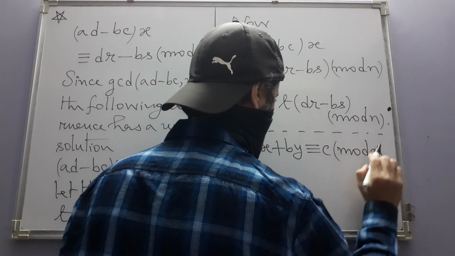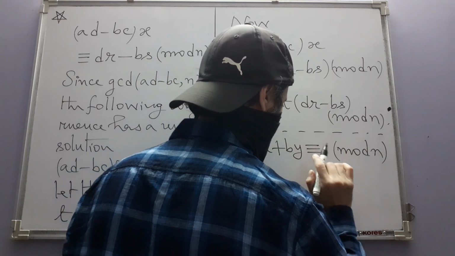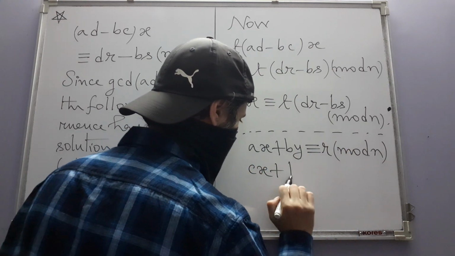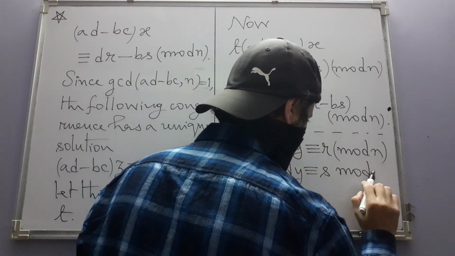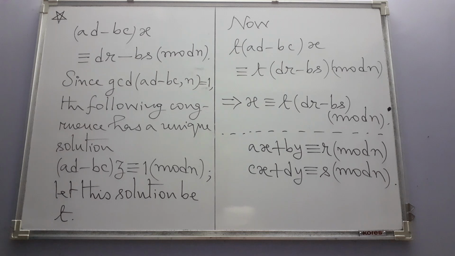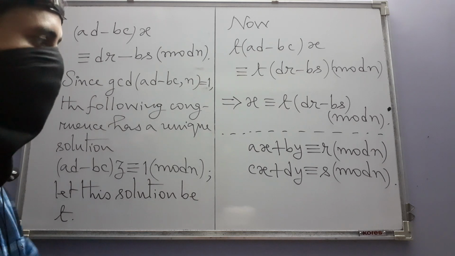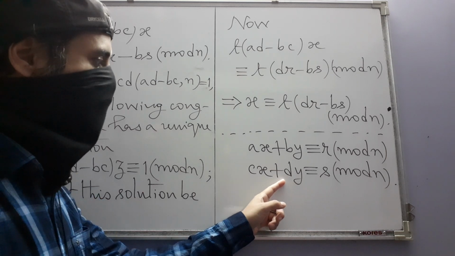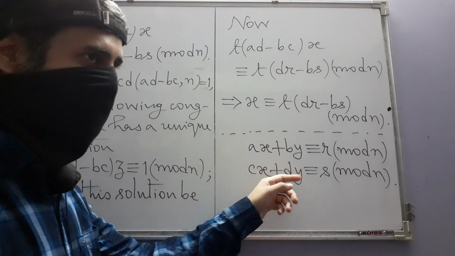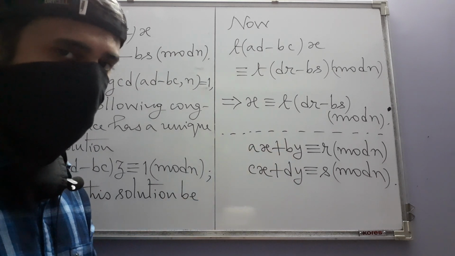AX plus BY congruent to R mod n and CX plus DY congruent to S mod n. What will you do this time in order to cancel x? Well, we can do this. Say we multiply the second one by A, the first one by C, and subtract the first one from the second one, after multiplication.